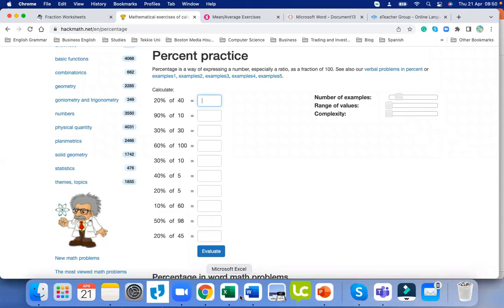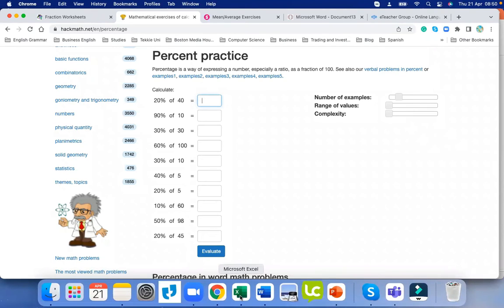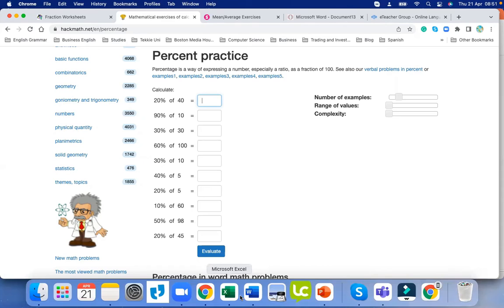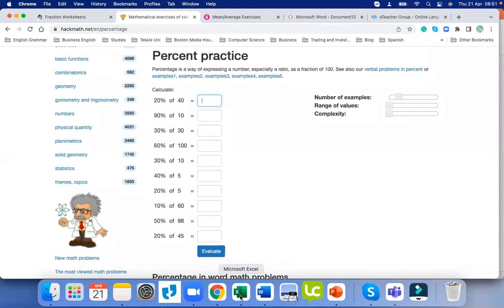Let's finish it first. Let's wait for others. Okay, cool. It's 8. To make it easier, you can just go 0.2 times 40 and you get 8. Let's go to B.